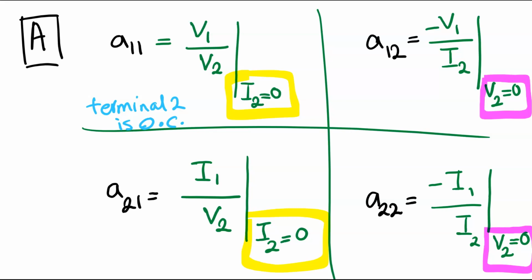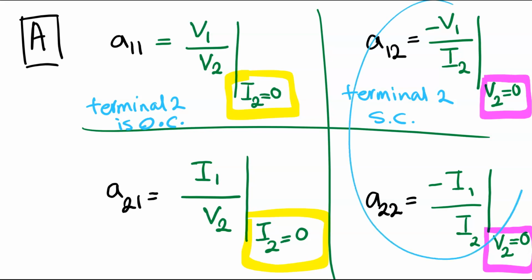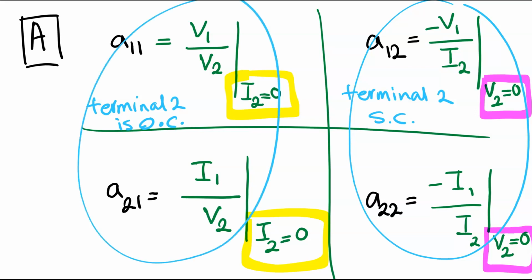So for A12 and A22, you need to have the terminal at your output, terminal 2, short circuited. So for A matrix, your output terminal needs to be short circuited in order to find these two parameters, and the next time you have to make it open circuited for these two parameters.